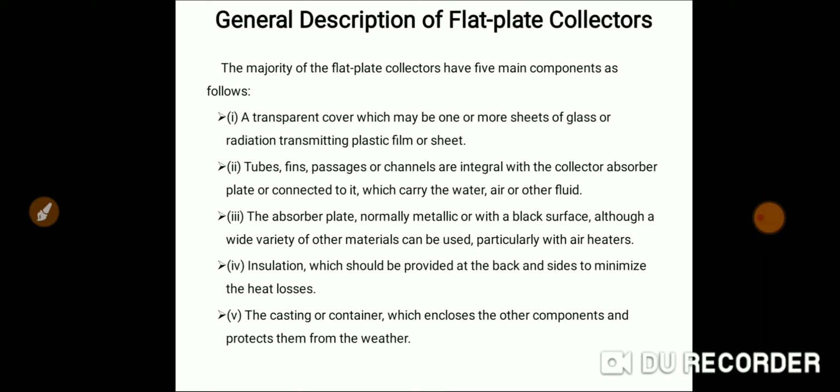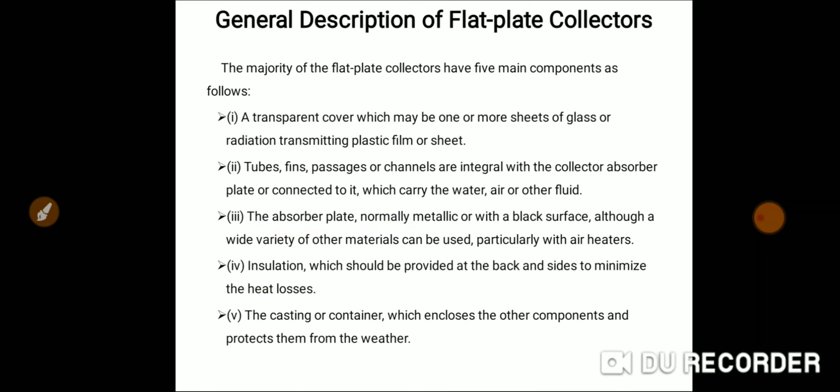And in this absorber plate, tubes are welded, soldered or clamped so that the tubes get solar radiation from the sun and also get heat from this absorber plate to keep the water hot. Last is insulations.